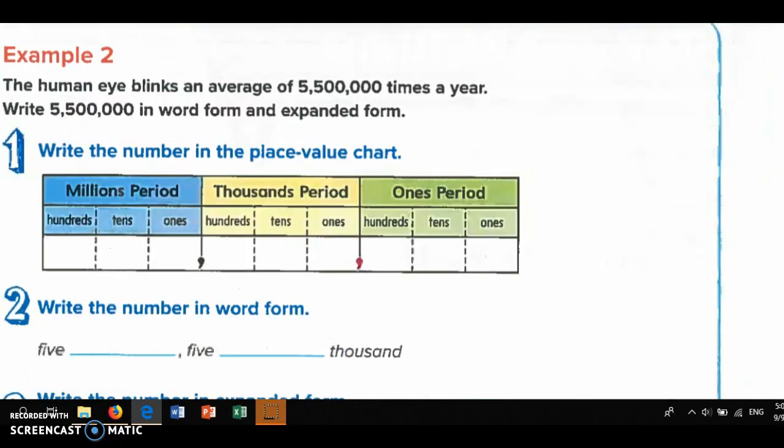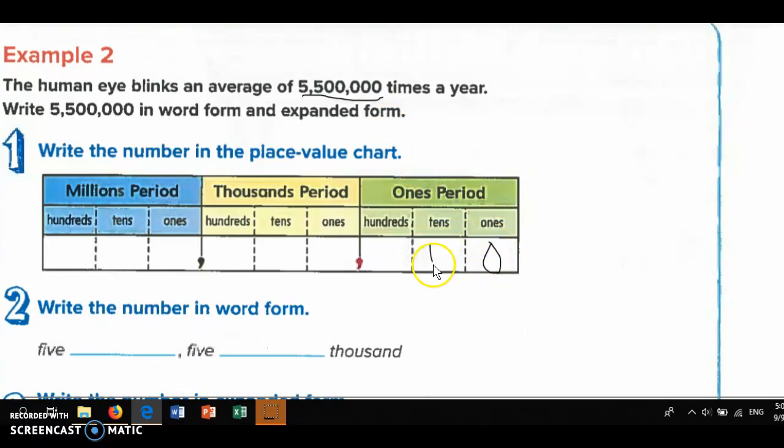Let's have a look at example 2. We are working with 5,500,000. We have to put it in the place value chart. Where do we start, at the 5 or the 0? Always with the ones on the right hand side.